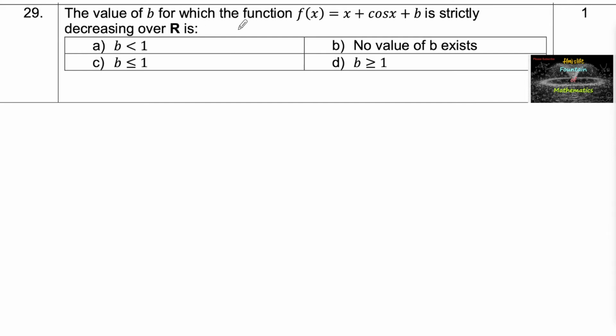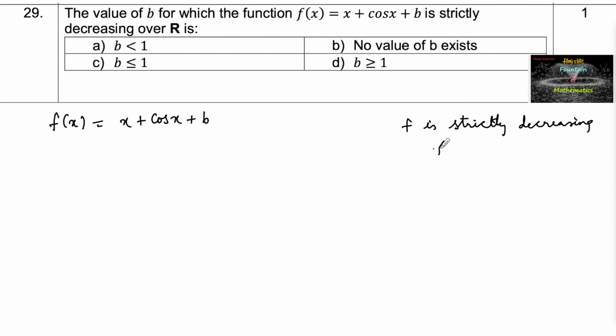The value of b for which the function f of x is equal to x plus cos x plus b is strictly decreasing over the real numbers. f is strictly decreasing for the values of x in which f dash of x is less than 0.